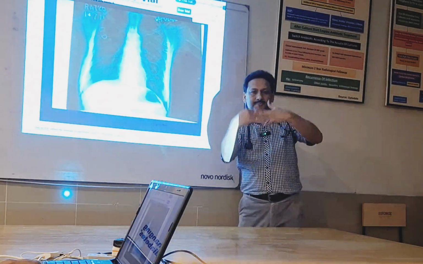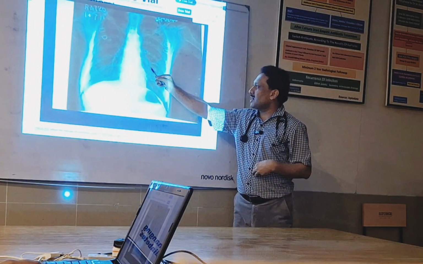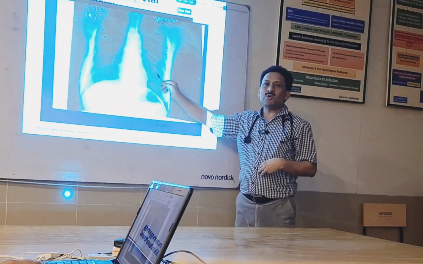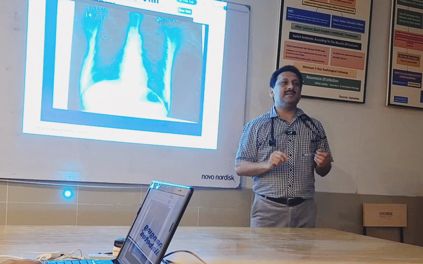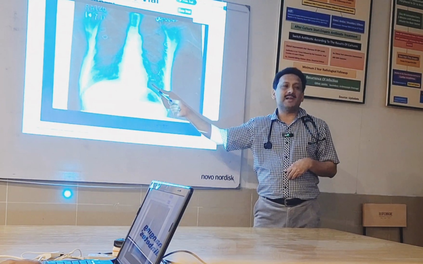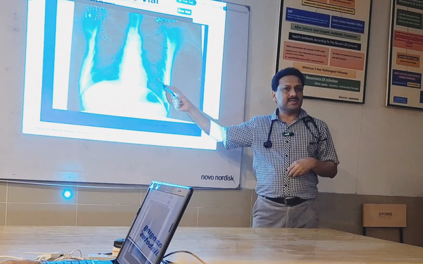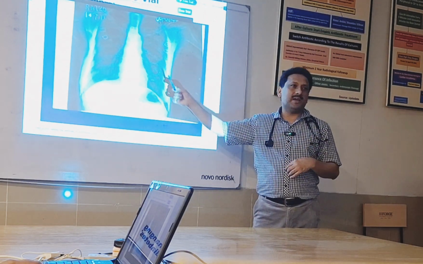This is having lesser density than bone. So I would be labeling it as a cavity with a soft shadow inside, whitish haze inside. We label it as aspergilloma. So this is a very good radiological image of a patient with aspergilloma.